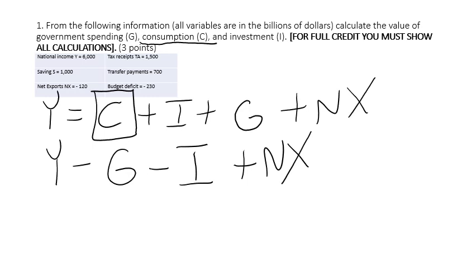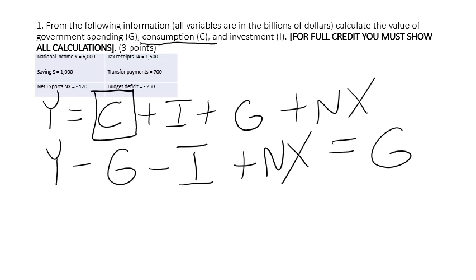It's negative 120. This economy is undergoing a trade deficit. So when we cross over into the left side of the equation, we have to make NX positive.